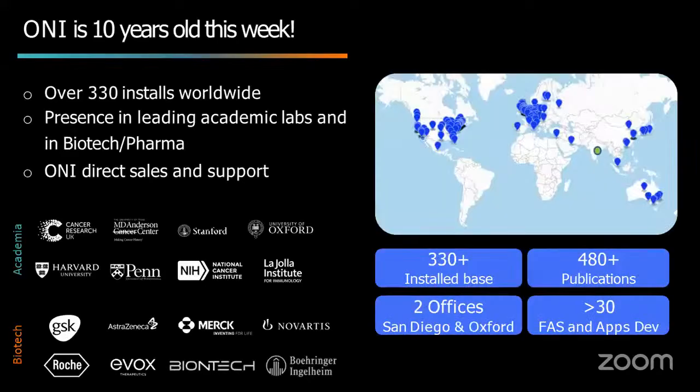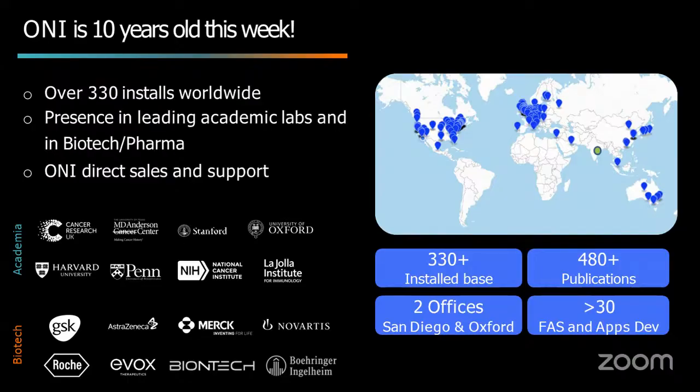I'll start with part one, which is an introduction to ONI. We just completed our 10th year anniversary two days back, so we are a decade old company now. On the map, we had our first installation in India; we became channel partner with ONI 2.5 to 3 months ago, and we had our first installation at IISER Bhopal.